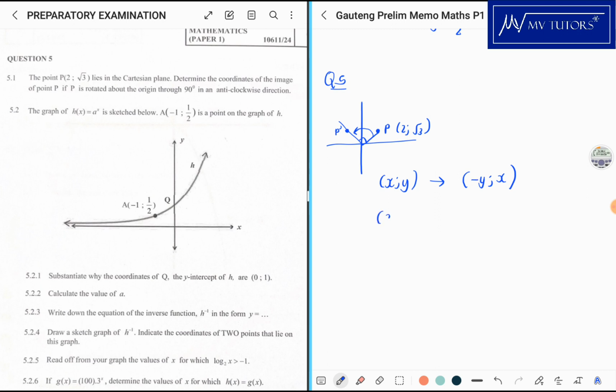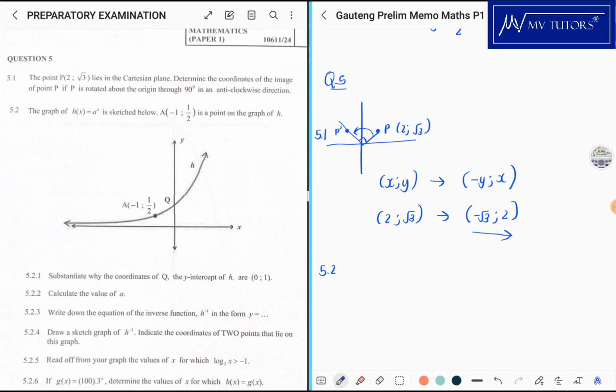So if you had (2, root 3), it's one of those things where you need to know the rules. Reflections, but now this is a rotation. So rotation about 90 degrees or 180, please make sure that you know them. Here negative y will be negative root 3 and x is 2. So this would be your answer. And then this is 5.1.